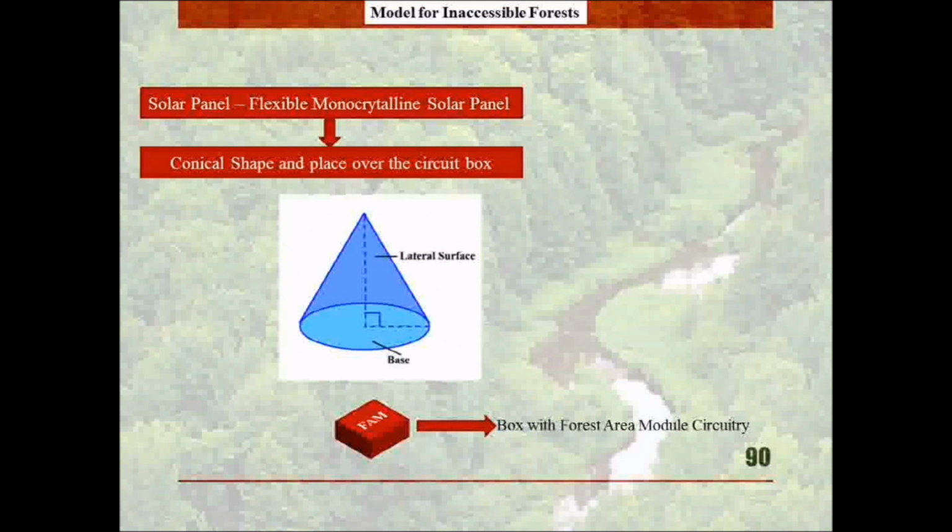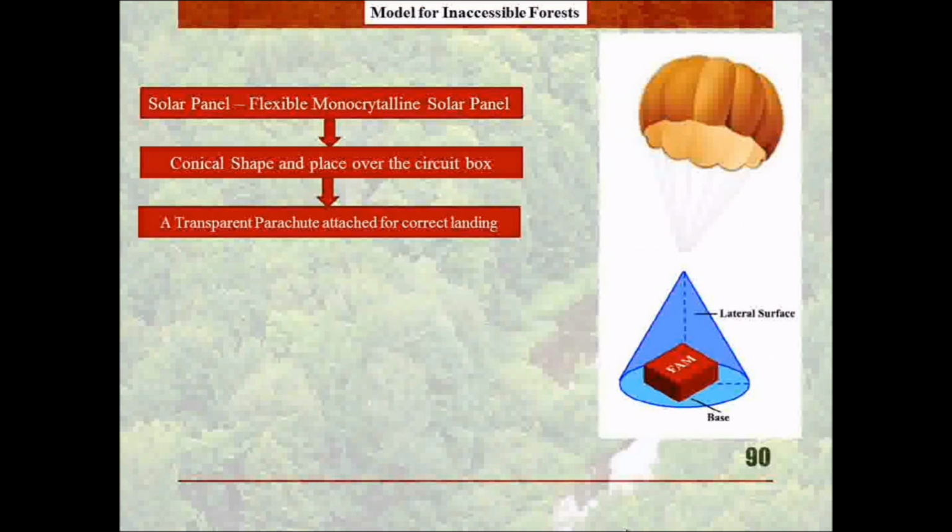This solar panel is converted to a conical shape, and this box, FAM, stands for forest area module. The forest area module circuitry is contained in a strong box, and it is placed inside that conically shaped solar panel, and to the apex of that conically shaped solar panel a transparent parachute is attached.